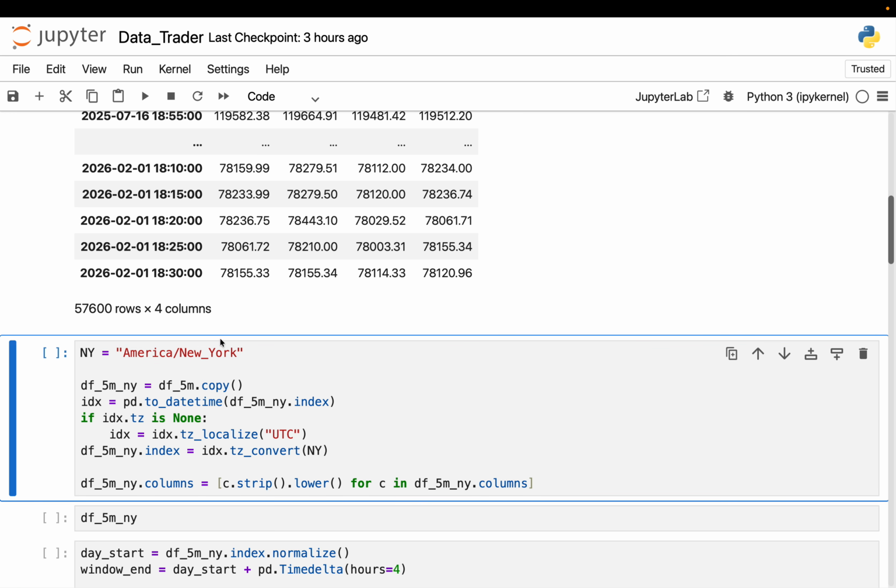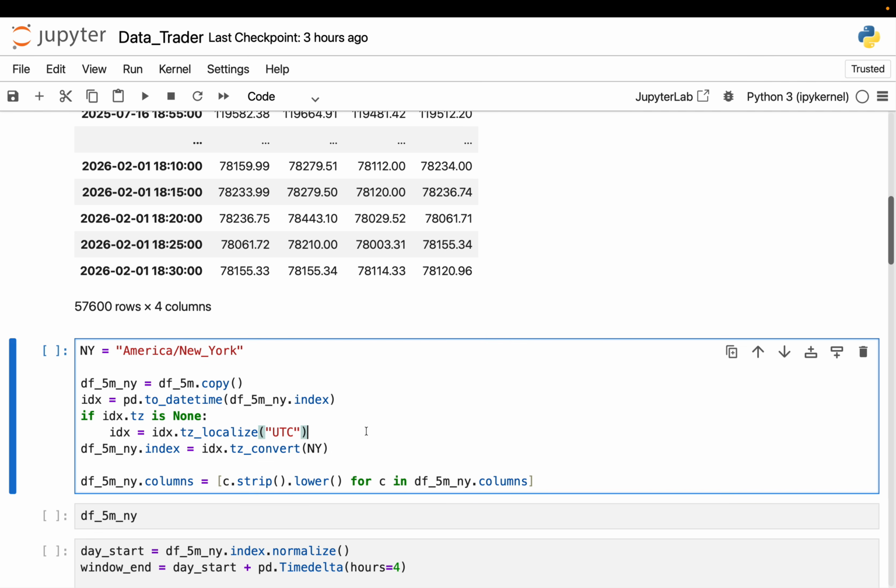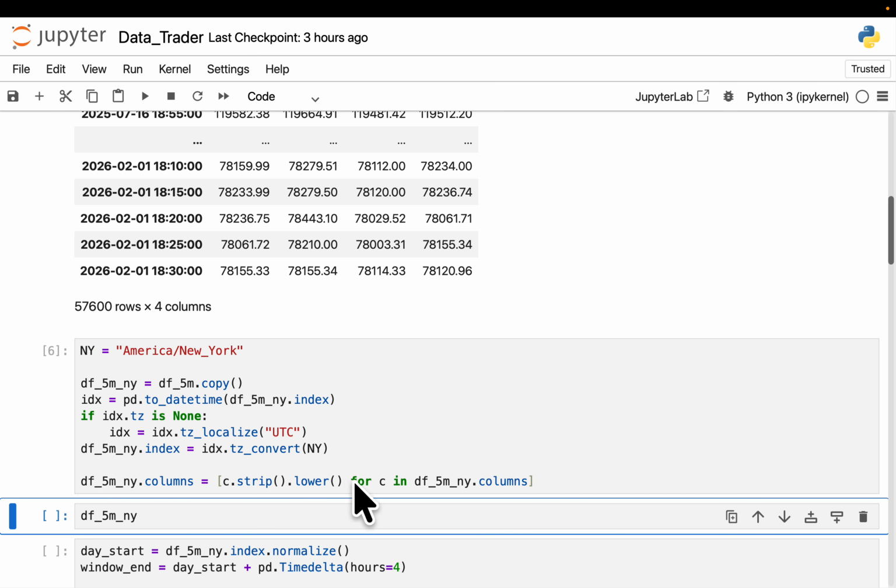I'm doing it this way, so I'm just localizing the timestamp or the index of the data frame to a native timestamp as UTC and then convert that to America/New York, which gives us DF 5M NY, where every candle is correctly aligned to New York days.